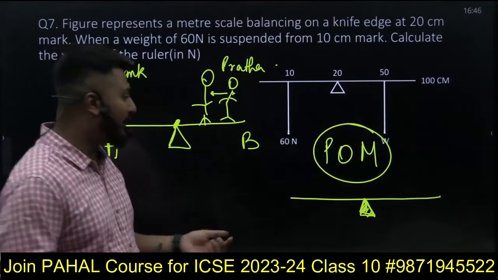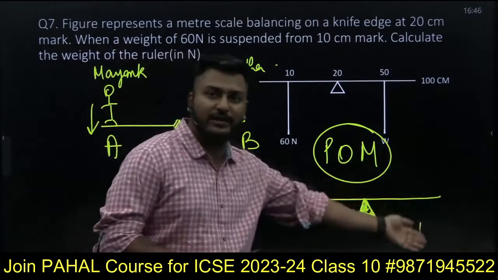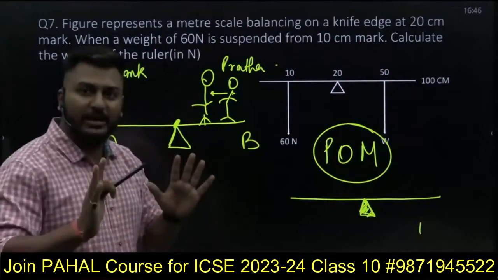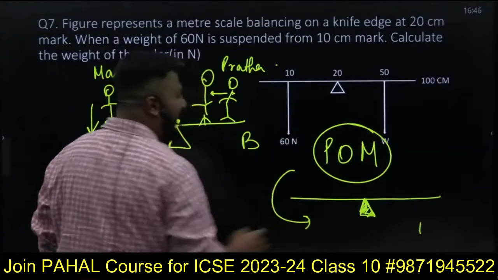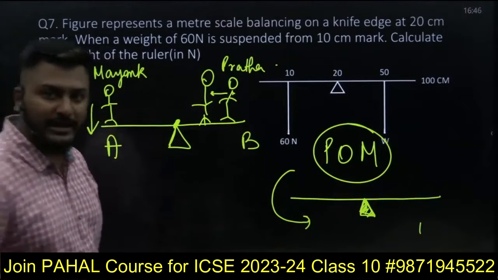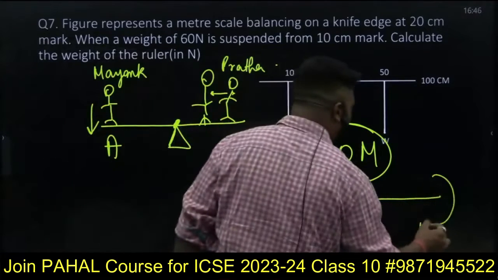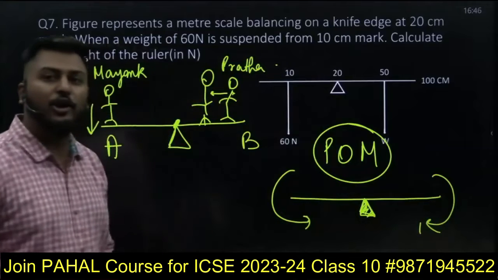Equilibrium का मतलब हो गया neither it will tilt in this direction nor in the other direction. Right? If this is in equilibrium, then the torque applied in the anti-clockwise direction will be equal to the torque applied in the clockwise direction.